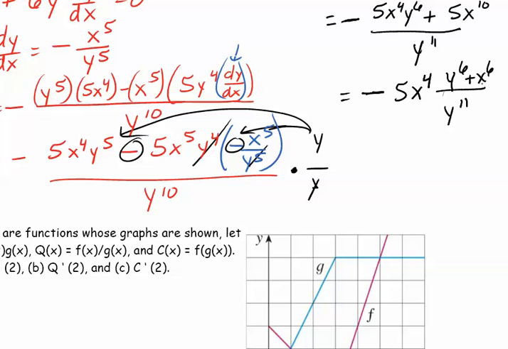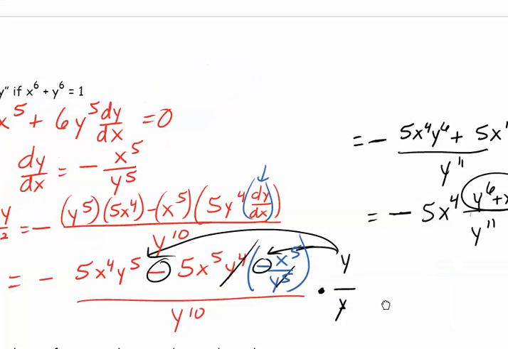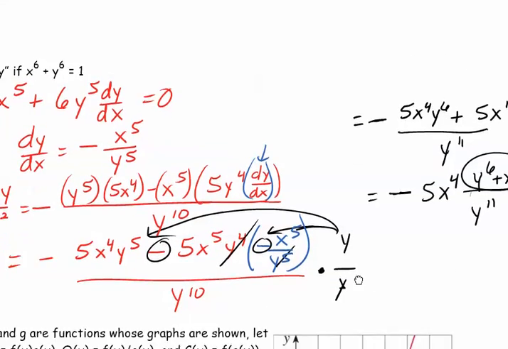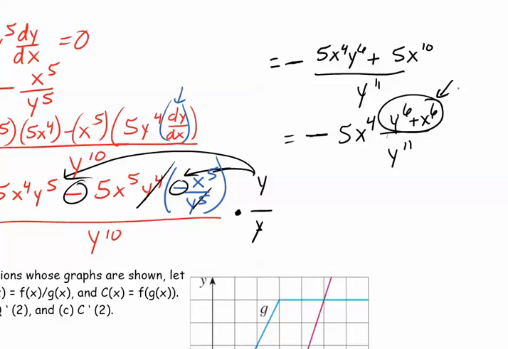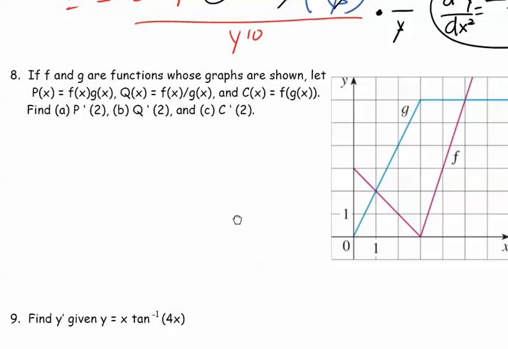We're grateful to see that because from our original equation, x to the 6th plus y to the 6th in this case is 1. So we can substitute 1 into that numerator, and here is our second derivative answer. So this negative answer.